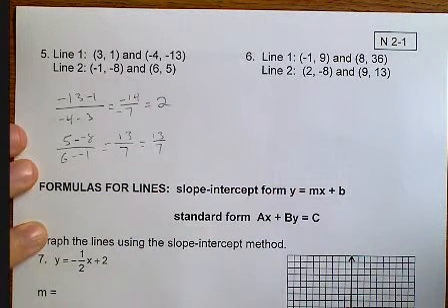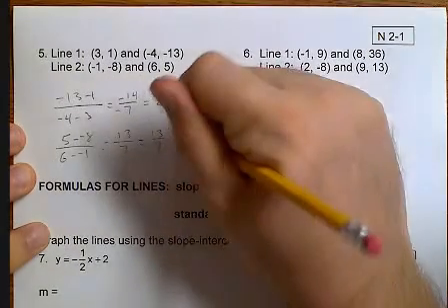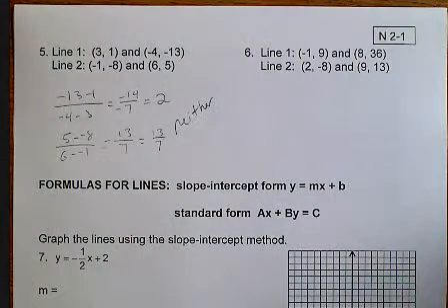These are very close to being parallel, but they are not. So this would be neither. Okay? The slopes have to be exactly the same in order for them to be parallel.